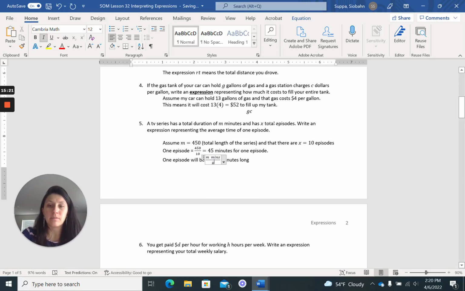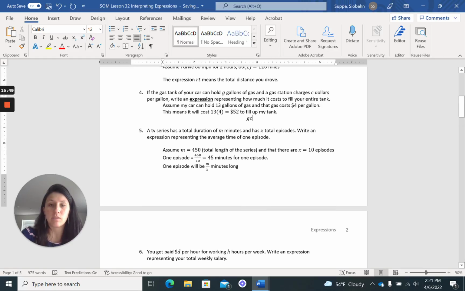And in the bottom, if you have X total episodes, so you can say X episodes, then the units for this whole thing are minutes per episode, minutes per one episode. And that's what you were asked to find: what's the average time of one episode? I'm just doing some unit analysis, you might call it. That can help you to check to make sure your expression makes sense.